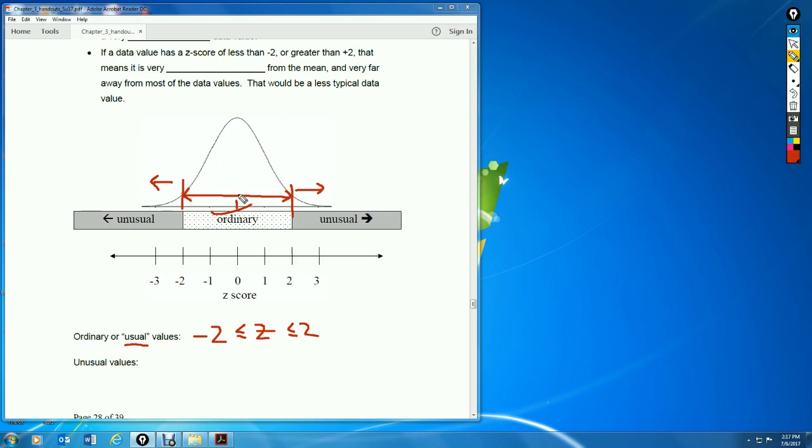It's in there in the middle with the rest of the data. However, if the z-score for your data value is less than -2, or if it is greater than +2, in other words, if you're down here or if you're up here, that's very far away. So that is considered to be unusual.